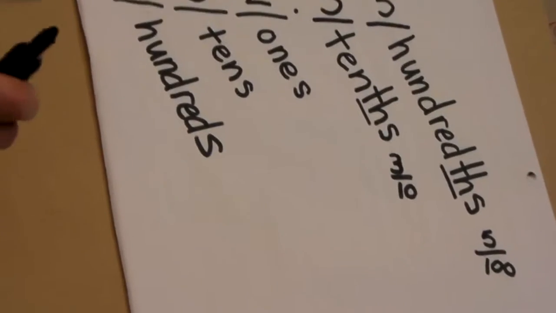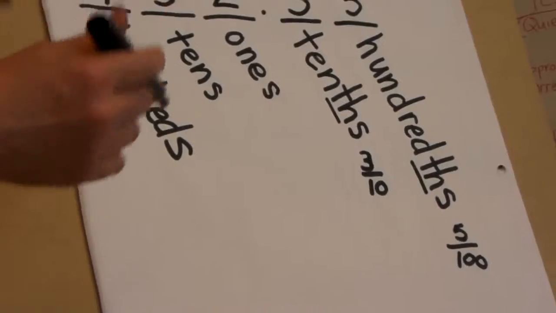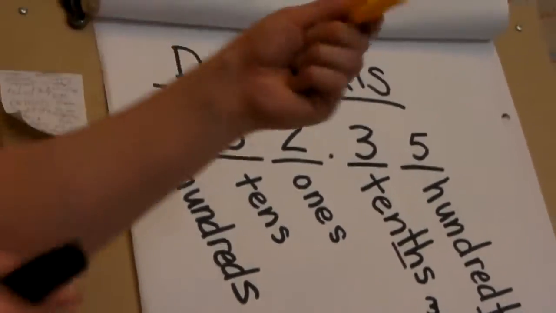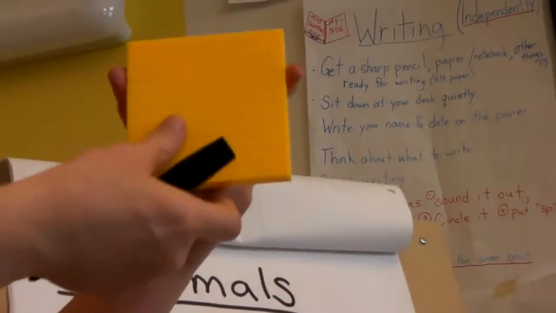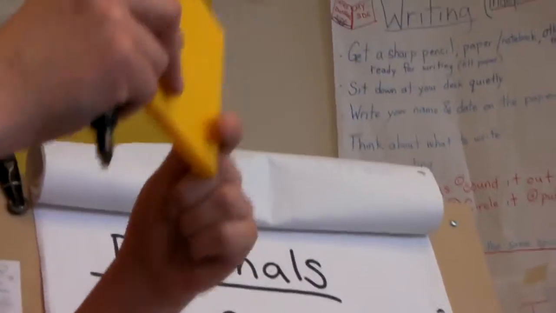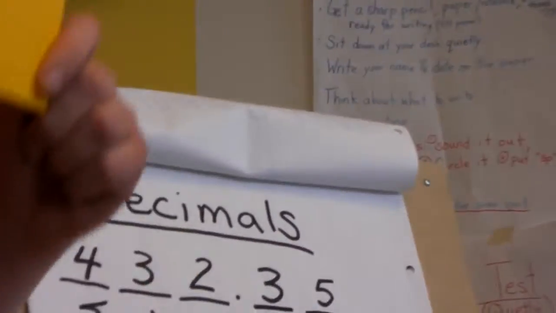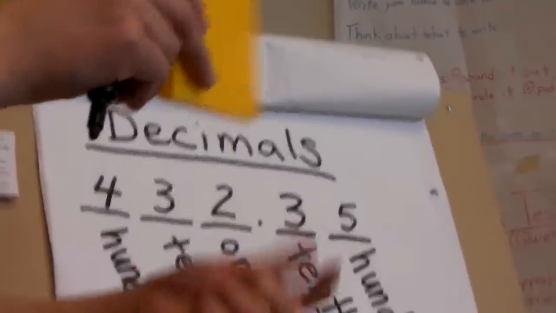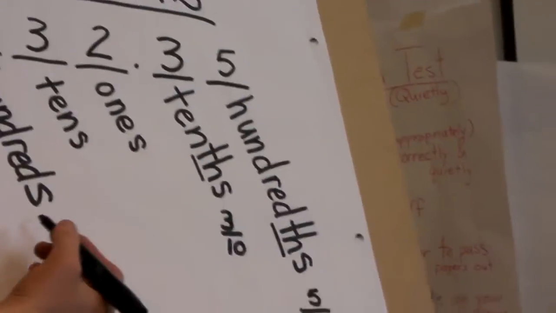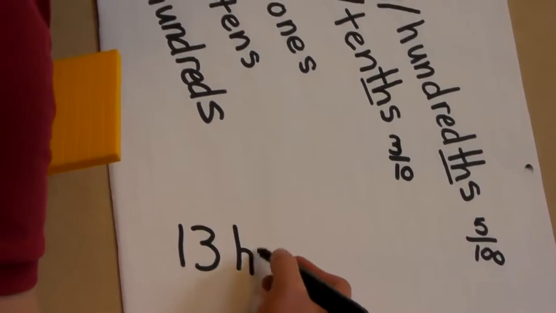Okay, so when you go to work in your workbook today on page 117, you will see a thing that looks like this. Okay, and it will also want you to tell how many hundredths there are, how many tenths, and how many hundredths go with that. It's going to want you to break it up. So the example is 13 hundredths.